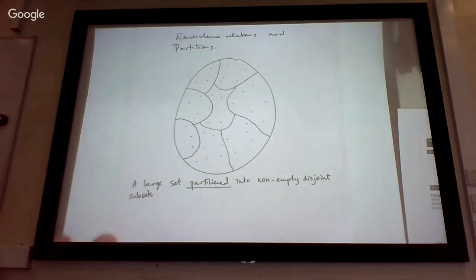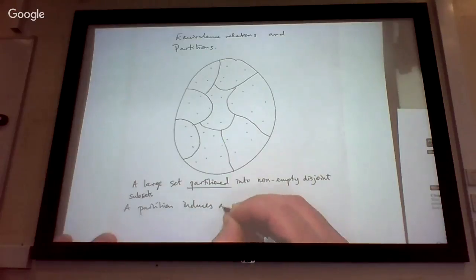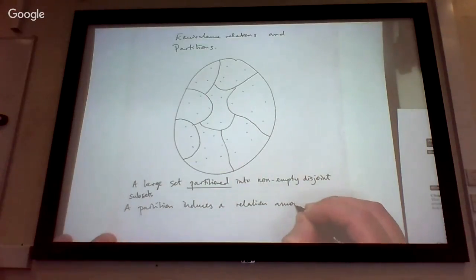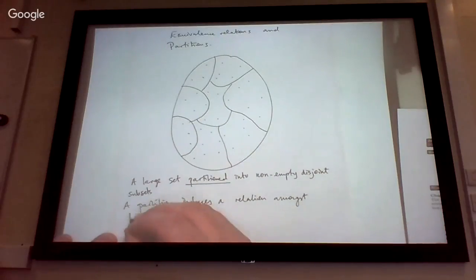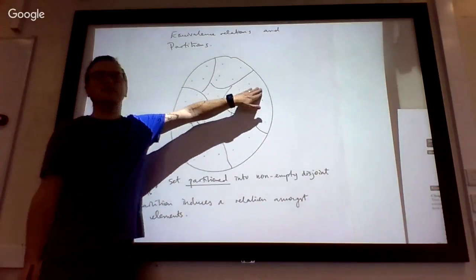Now, an equivalence relation: a partition induces a relation amongst the elements. So all these elements of the original set here are related to one another.